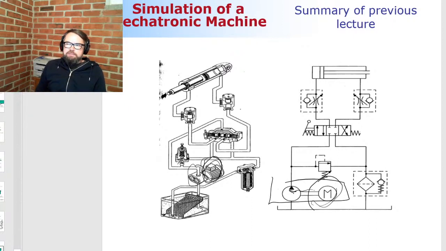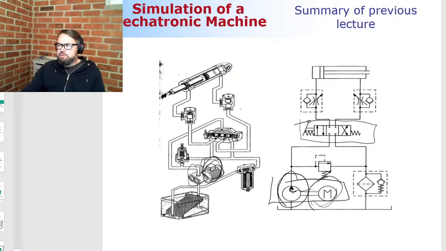If you are not familiar with them, it is highly recommended that you take a look at this material in engineering handbooks or other YouTube channels. There are only a few drawing symbols that we need to deal with. We need the pump, then different kinds of direction valves.